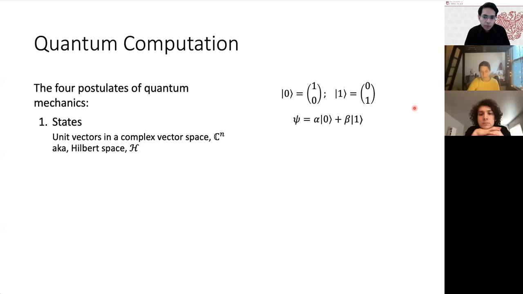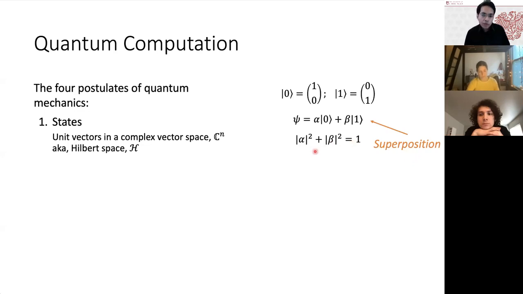Then a general arbitrary state vector in a two-dimensional space can be written as alpha ket 0 plus beta ket 1, and this is the state psi. This linear combination of vectors is also known as superposition. In the context of quantum computation, we'll often hear this term.